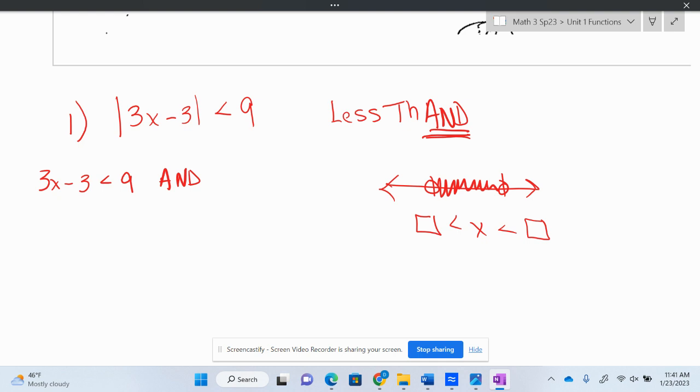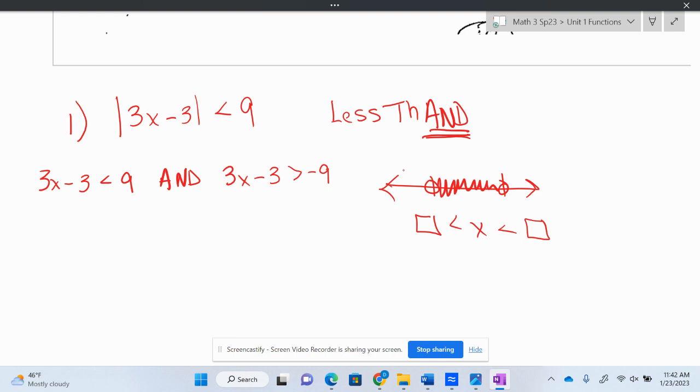And the other inequality, well, in order for me to make that 9 negative, what did I have to do? Flip the sign, yeah. So 3x minus 3 is greater than negative 9. So every time you have an absolute value equation or inequality, you have to write 2 from the 1, okay? Dropping the absolute value signs requires you to write 2.